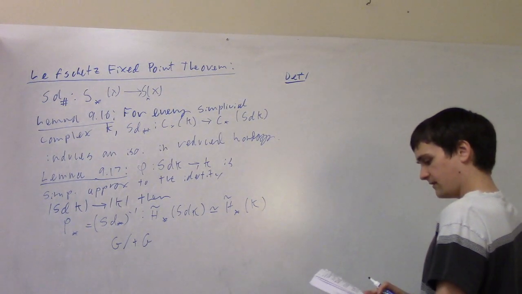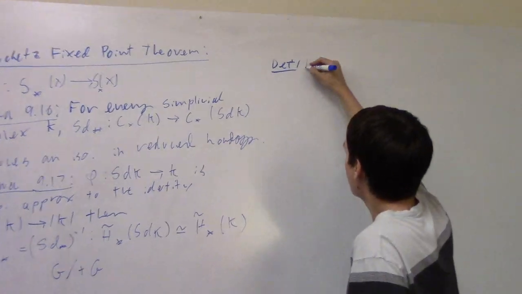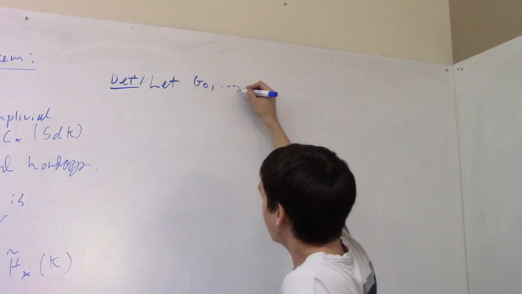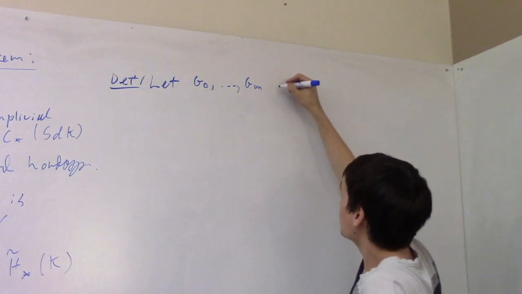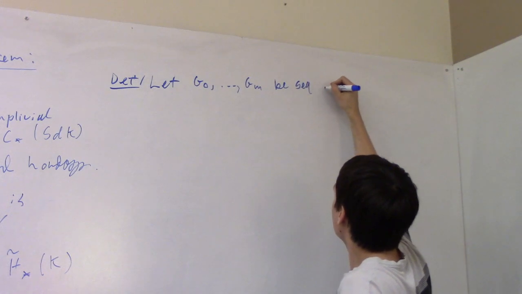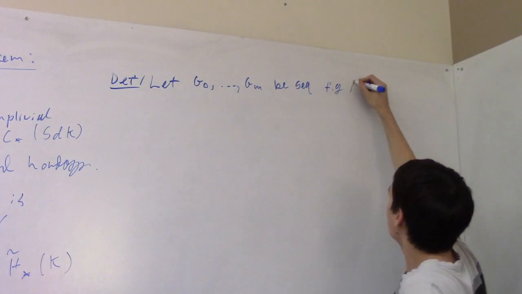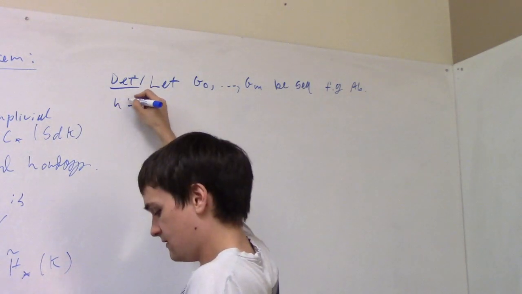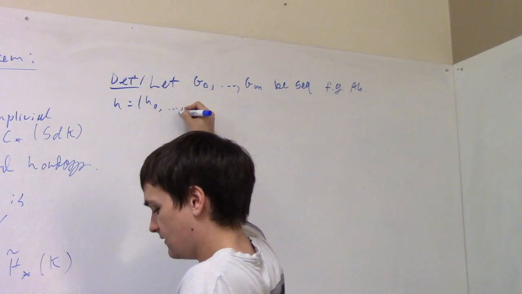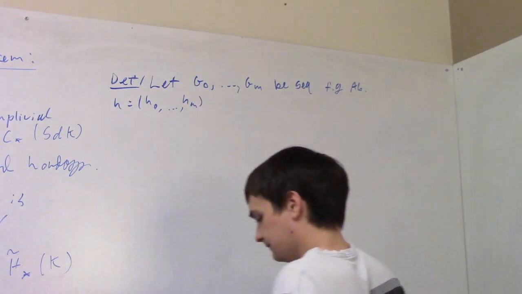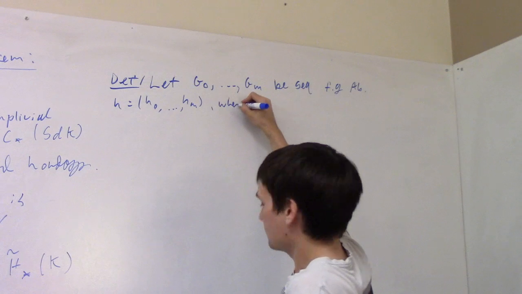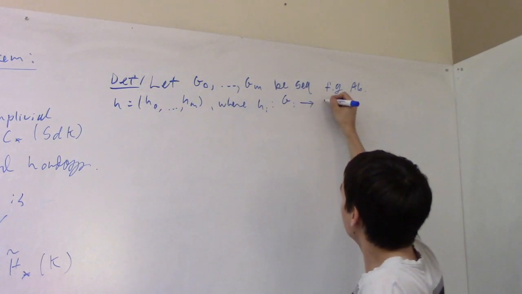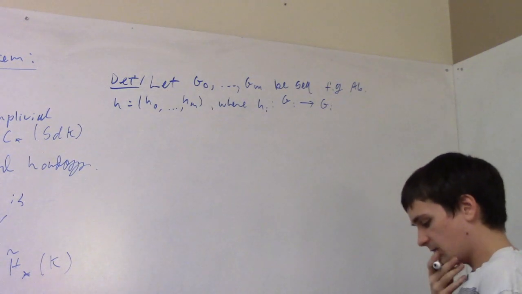Now, this definition I think is pretty interesting. This is the Lefschetz number. Let G naught through GM be a sequence of finitely generated abelian groups, and let H be a sequence of morphisms between them, where H sub I is a homomorphism, of course.